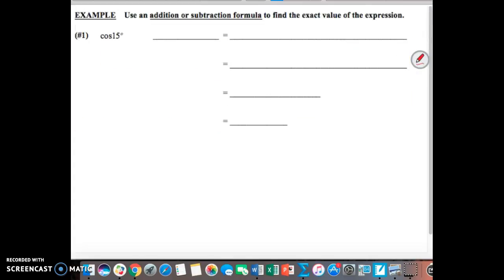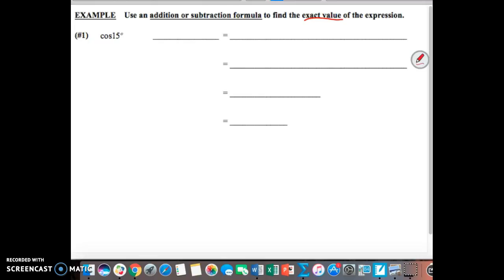So example 1, we want to either use an addition or subtraction formula to find the exact value of the expression. When it says exact value, that just means that we want something other than a decimal. So you do not want to plug this into your calculator.